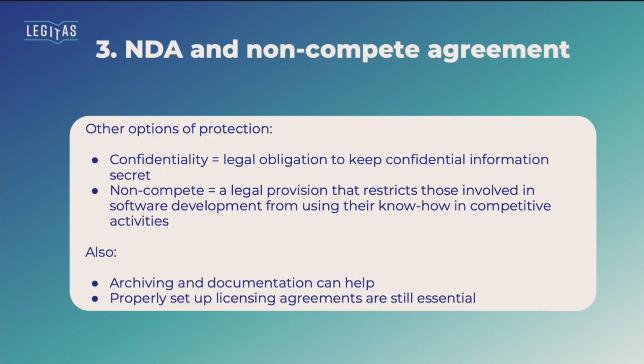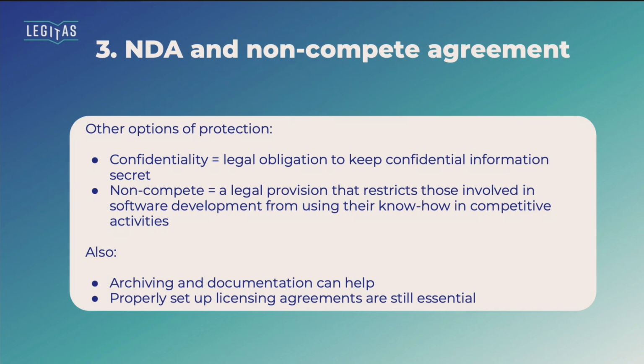And if I were in the second group, saying that it isn't a copyright work and no one has the right to it, then I would go for another form of protection of my source code, of my software, and that would be NDA and non-compete agreements. Those two could be combined ideally.